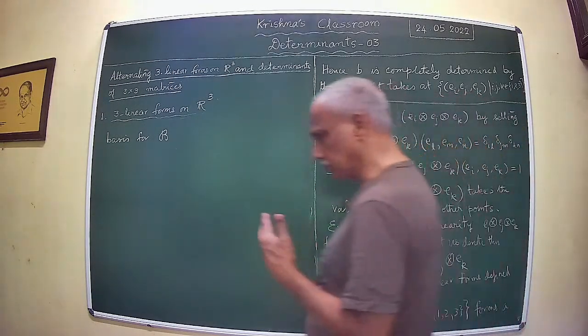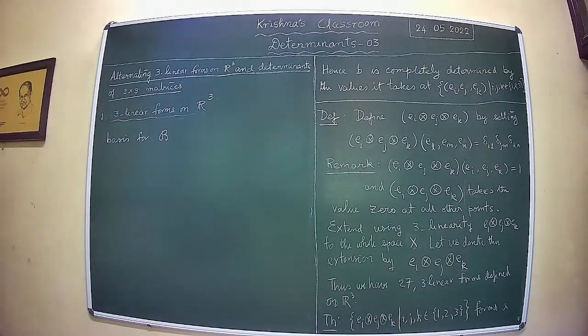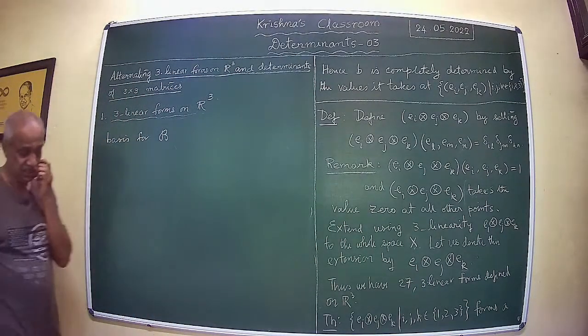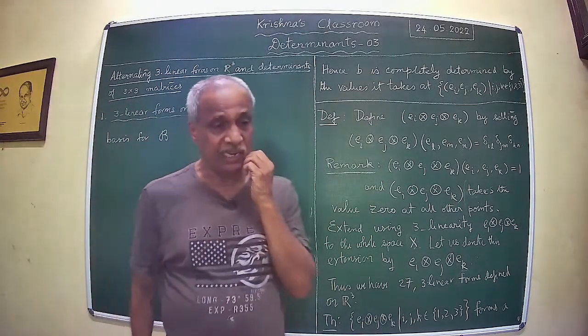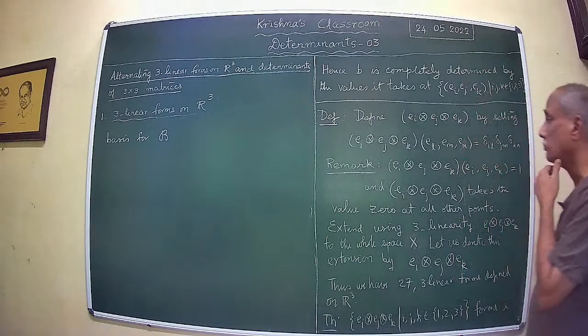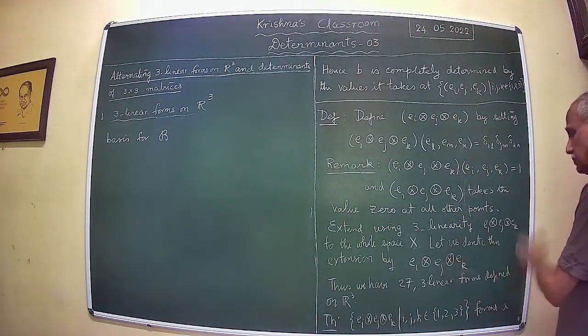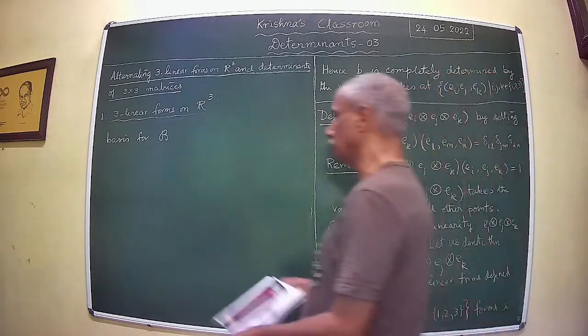We have to do two things. One, verify that this collection is linearly independent, and show that every trilinear form can be written as a linear combination of these forms. So let us do that.